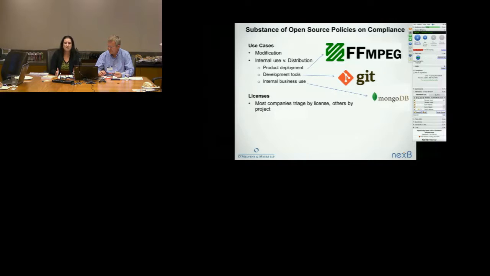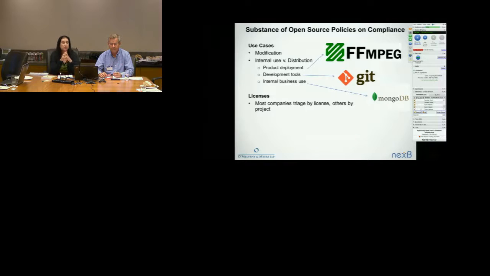And then there are use cases that involve actually putting the software into a product and distributing it or making it publicly available. I gave some examples here of typical things that come up for a lot of companies in these different use cases. So FFmpeg is a utility that processes MPEG files.